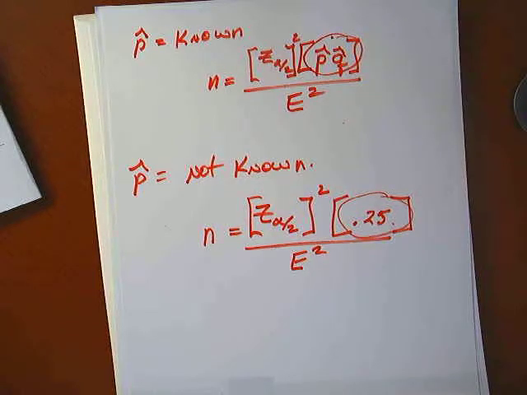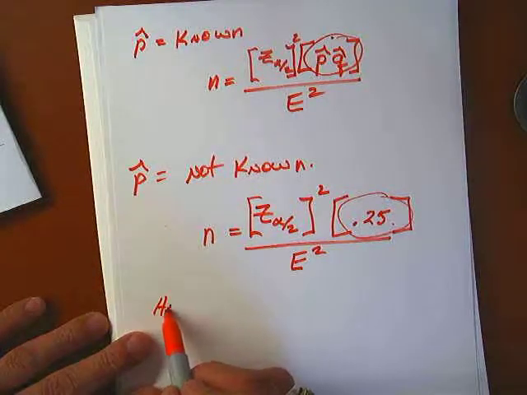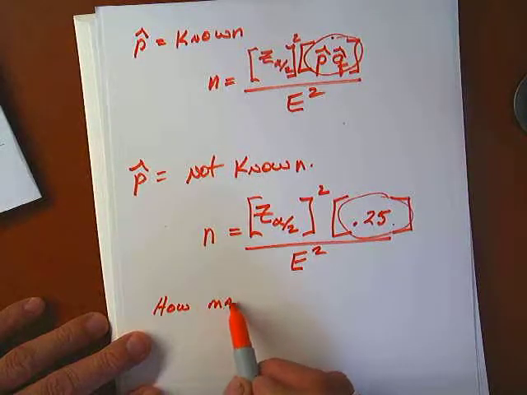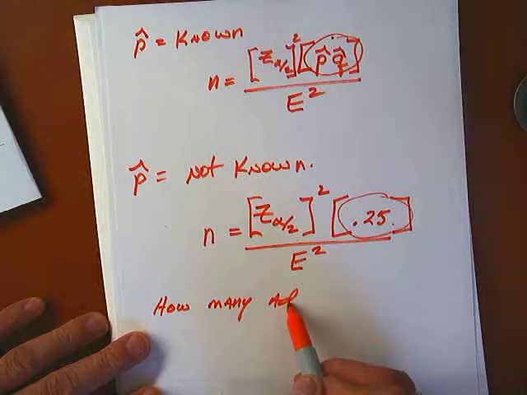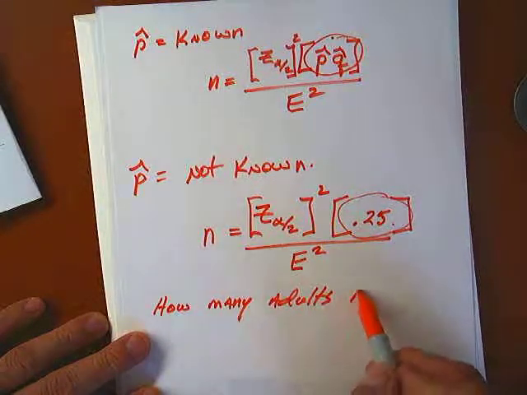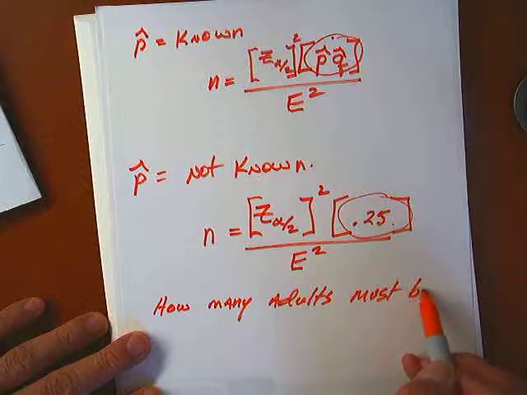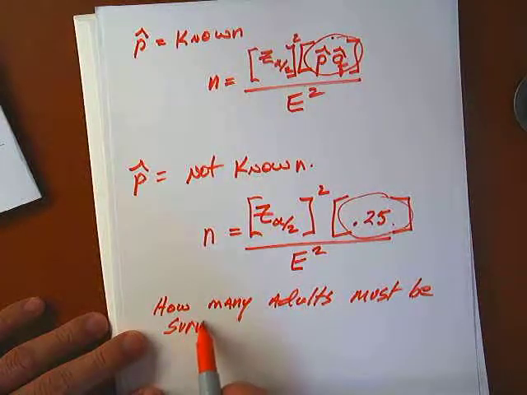So the only difference in the two is these two right here. This is when you know p hat, and this is when you don't know p hat. And you just plug and chug your numbers in, and you will be able to get the sample size needed for a certain confidence level.